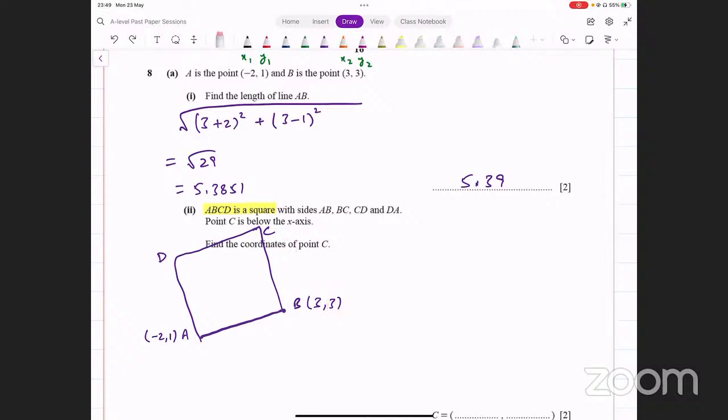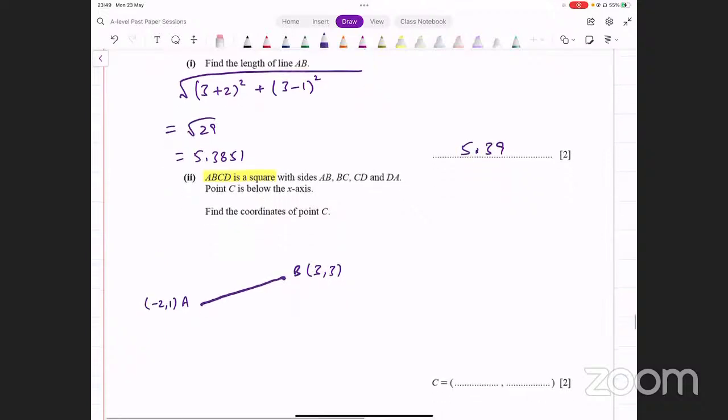So C आपका कहाँ पे होना चाहिए? ये जो फिगर बननी चाहिए वो उल्टी बननी चाहिए कि C should be below there. ये नीचे क्या होना चाहिए? Okay. और D भी इस तरह नीचे होना चाहिए. So your square might look something like this. This should be point C, this should be point D.